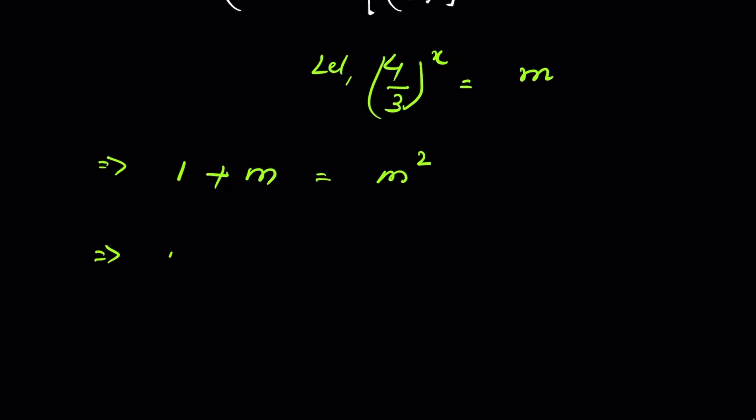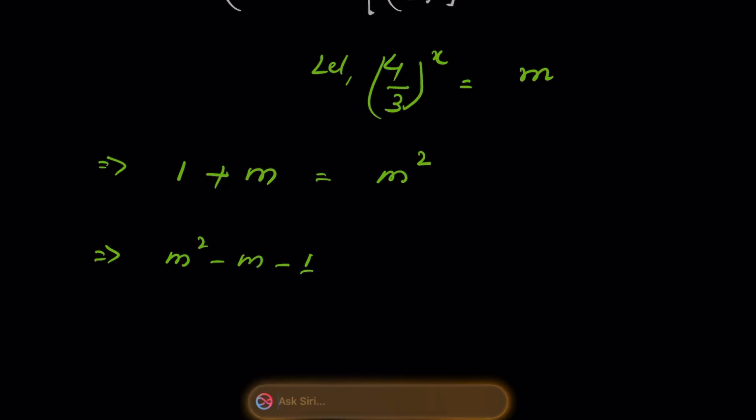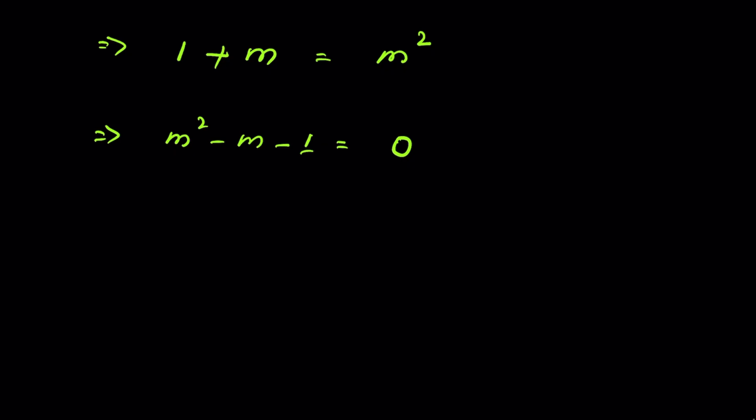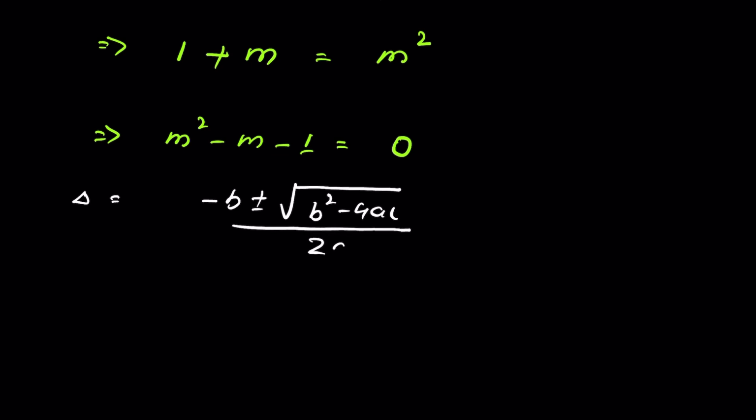or we can write m square minus m minus 1 equals 0. This is a quadratic equation now. Let's find the roots for this equation. So minus b plus minus square root of b square minus 4ac upon 2a, where b here is the coefficient of m.